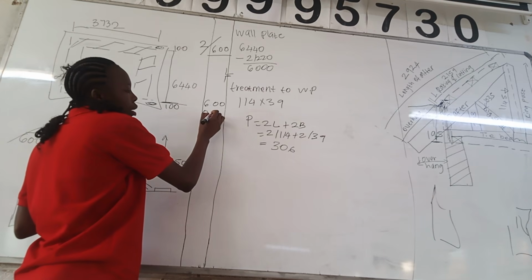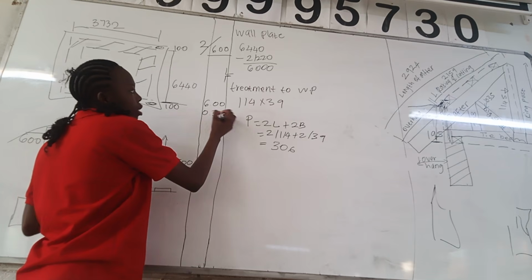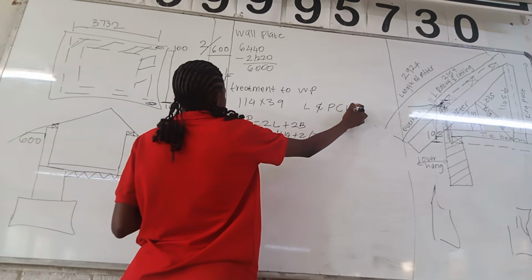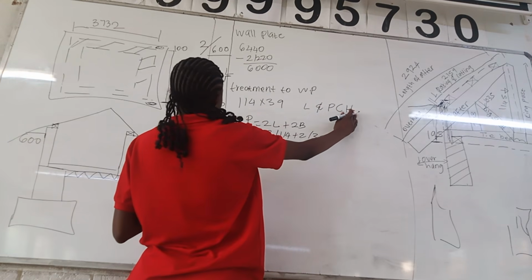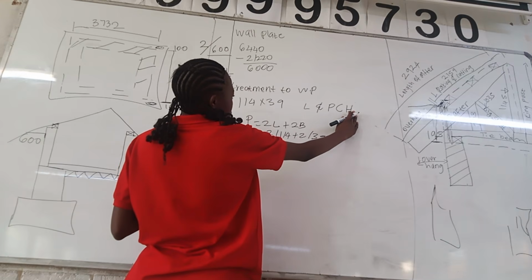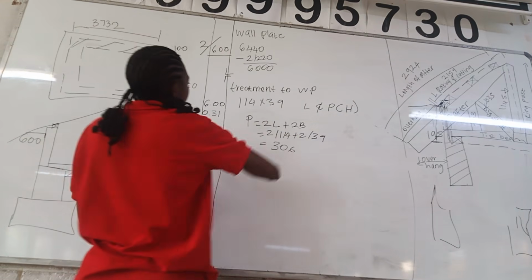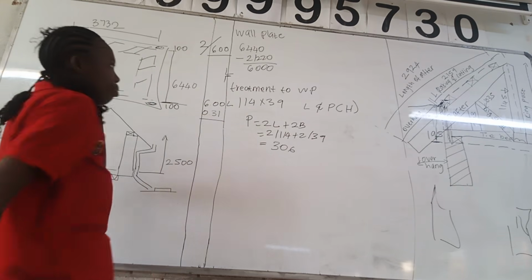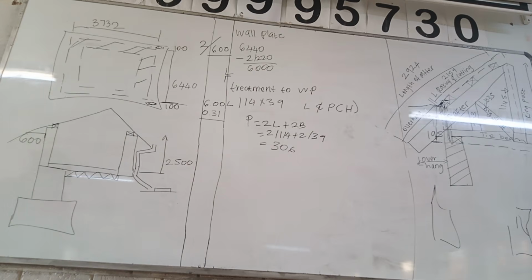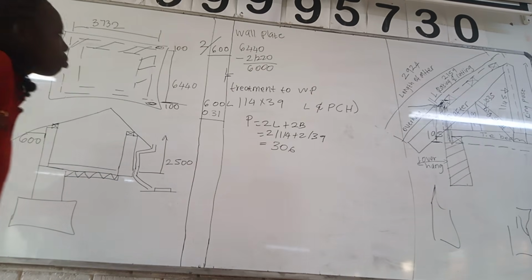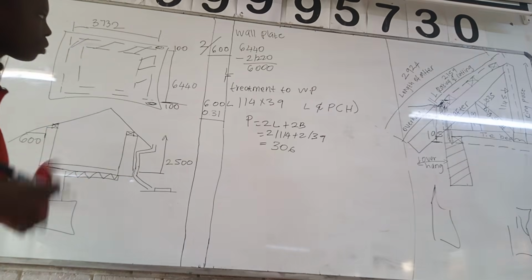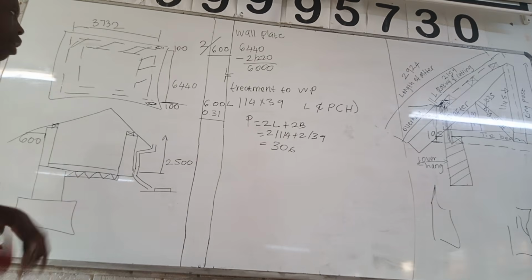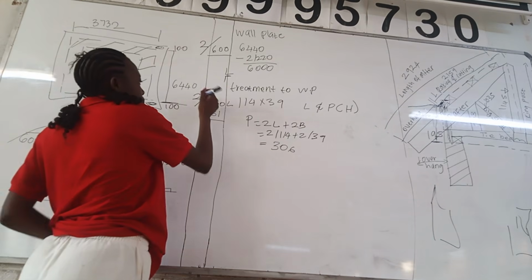The perimeter is 0.306. So the treatment of the wall plate is the length and the perimeter, which we can say is the width. Do you multiply that by 2? Yes. Why? Because if one wall plate is pre-treated, the other one will also be pre-treated, so multiply by 2.